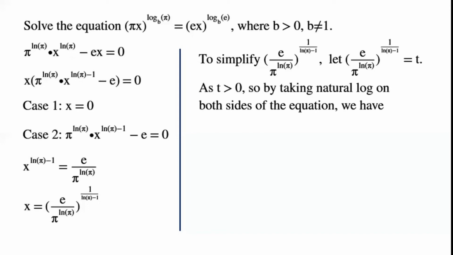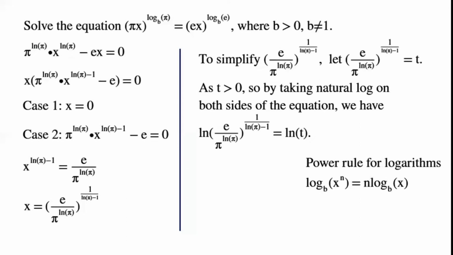As t is greater than 0, by taking natural log on both sides we have ln of (e over π^(ln π)) all to the power of 1 over (ln π − 1) equals ln t. Power rule for logarithms: log_b x^n equals n log_b x.